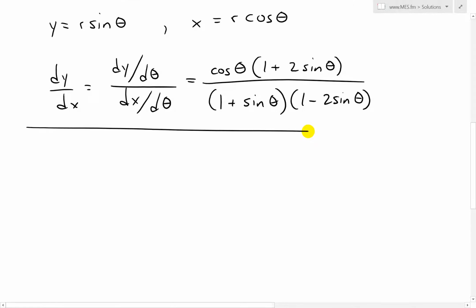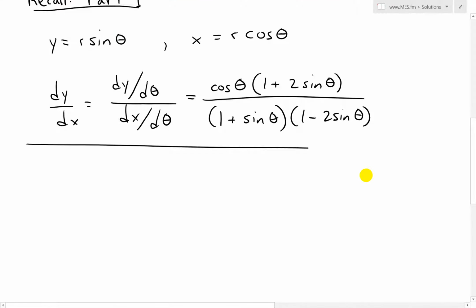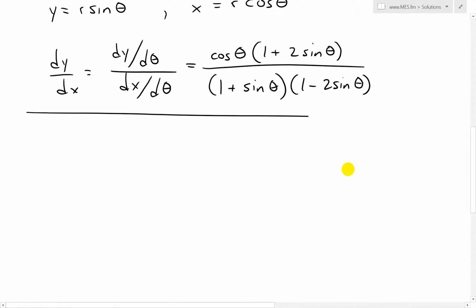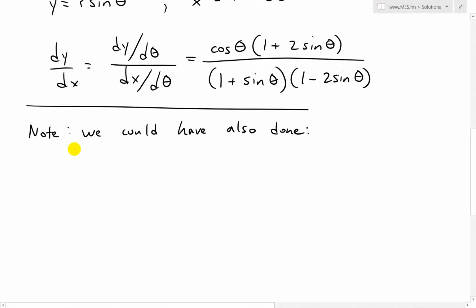But there's also another way to solve this. If you saw my part 1 video, it was pretty extensive trying to solve for that, but we could have done something else. Another way is to first note that y equals r sine theta.